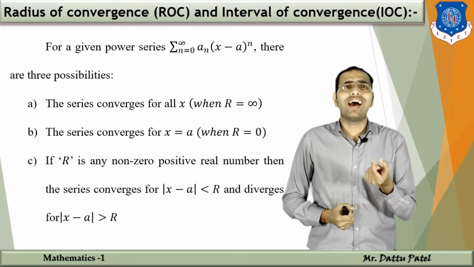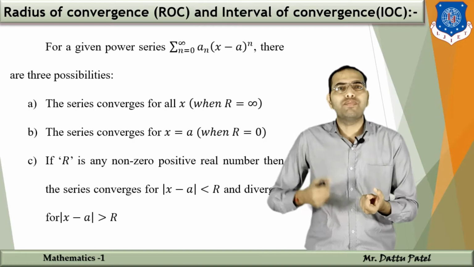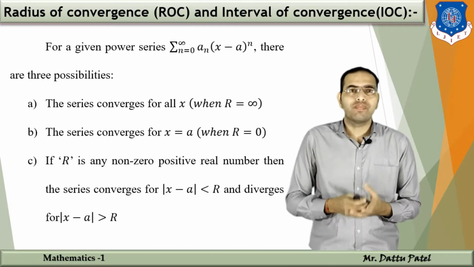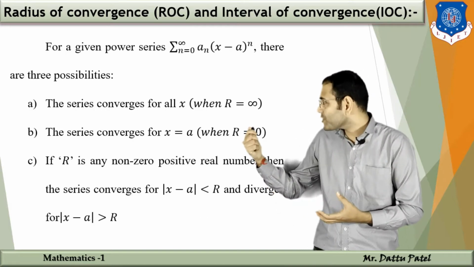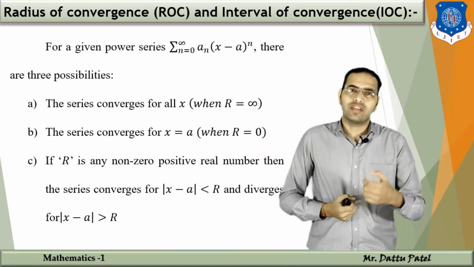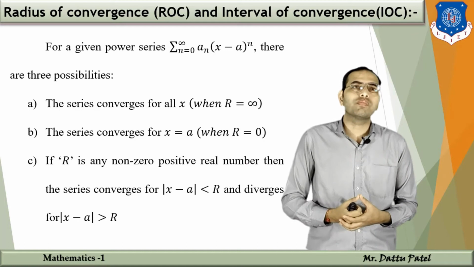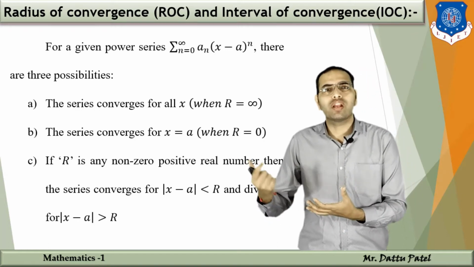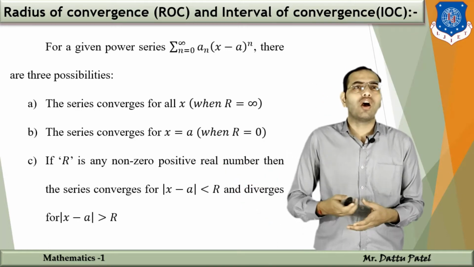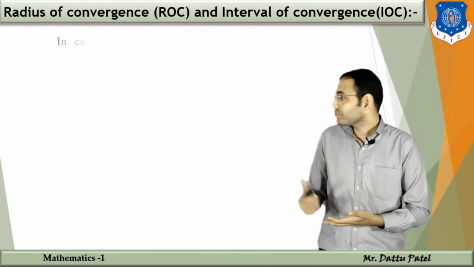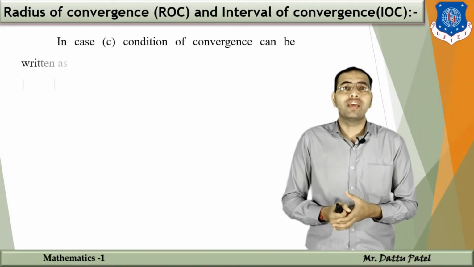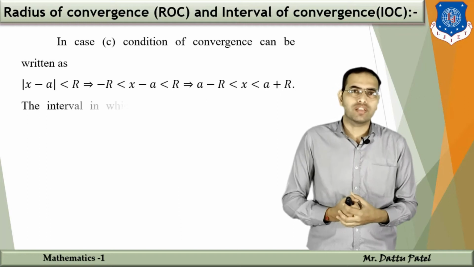Third, if R is any non-zero positive real number, then mod of (x minus a) less than R is the convergent range, and mod of (x minus a) greater than R is the divergent range. Then according to case 3, we have to define the interval of convergence.